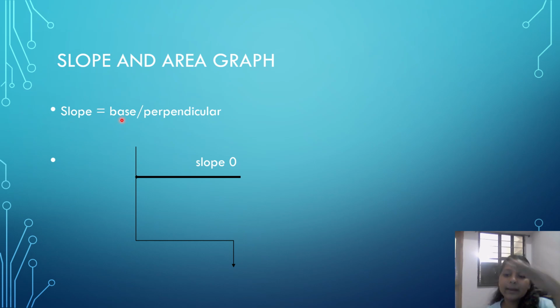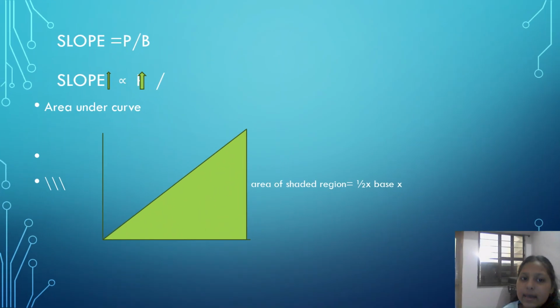When you divide base by perpendicular, you will get the slope. And one more very interesting thing is that slope is directly proportional to P, that is, directly proportional to perpendicular and inversely proportional to x.